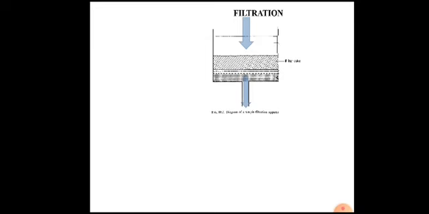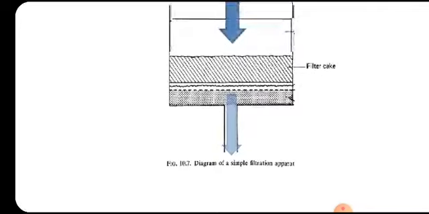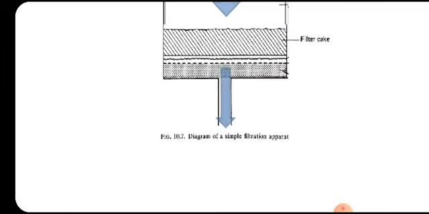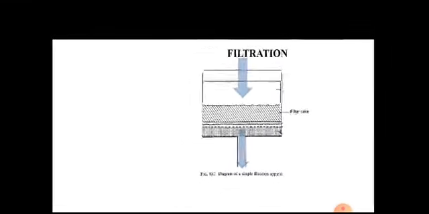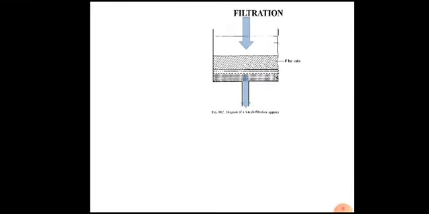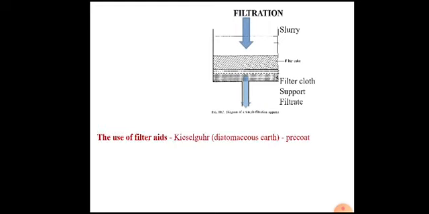So in order to keep the same flow rate, there may be use of positive pressure from the top, or negative pressure from the bottom, that is suction. So the problem of resistance to flow can be solved by application of positive or negative pressure. This is the principle of the simple filtration process.